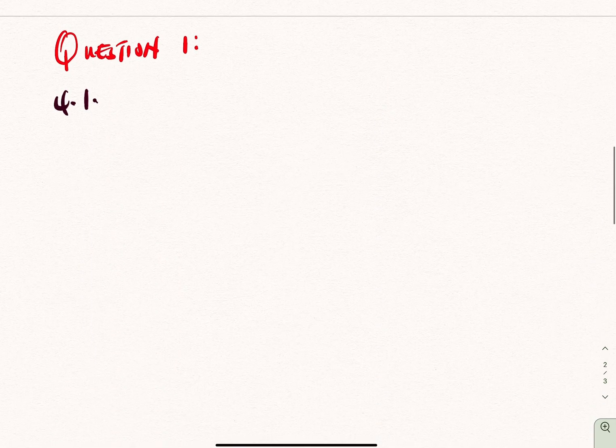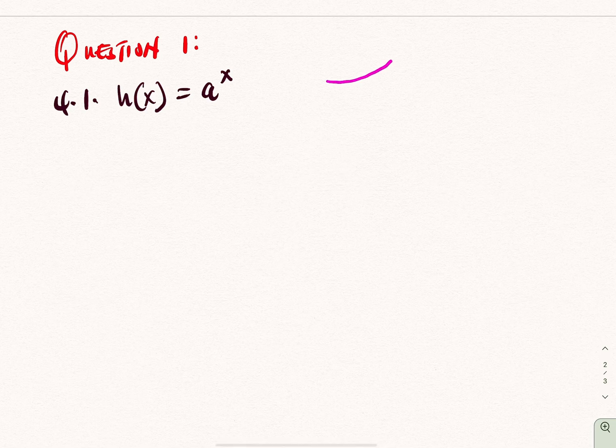When we talk about the asymptotes, we are given h of x equals a to the power x. Notice that this is the parent function of the exponential graph, which behaves something like that. If you guys remember your functions from grade 11, this function has its y-intercept at positive 1, just right here.